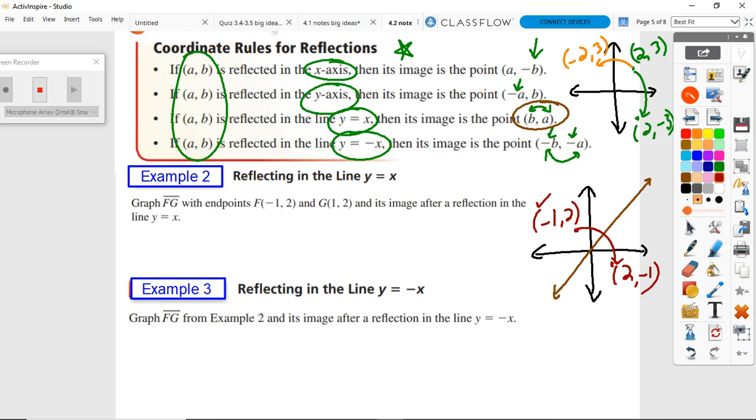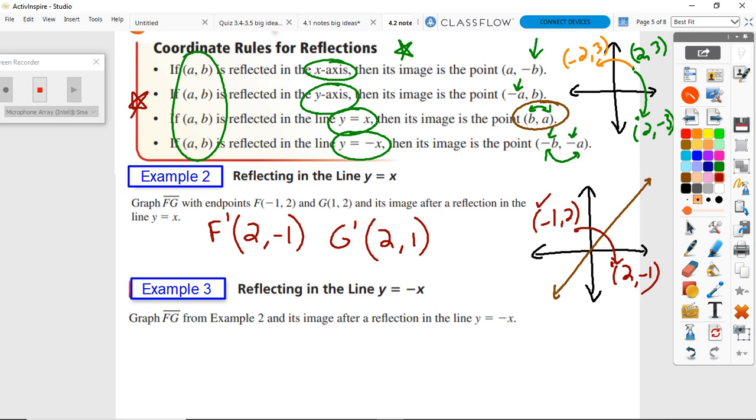For any of these, you're not going to have to graph them. You'll just be able to do them by hand in your head after you know the rules. So again, if my preimage is (negative 1, 2), then f prime is going to be (2, negative 1), and then g prime is going to be (2, 1). Just literally flip the order of the coordinates.